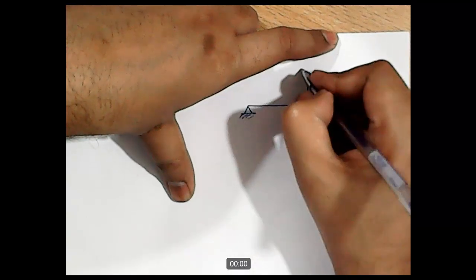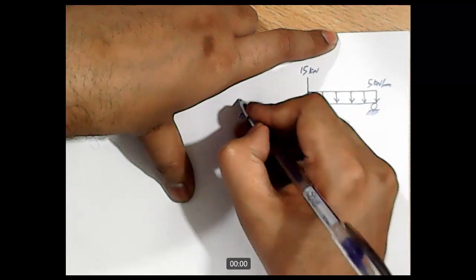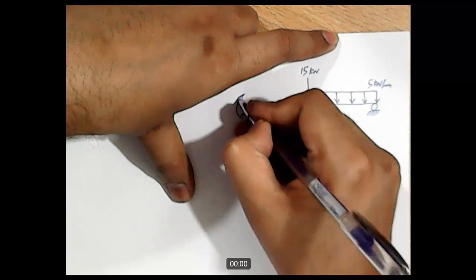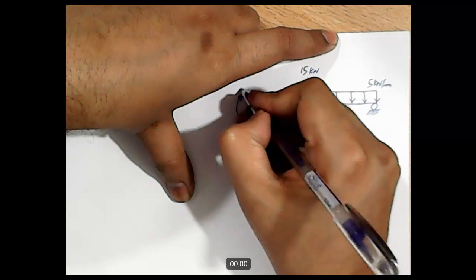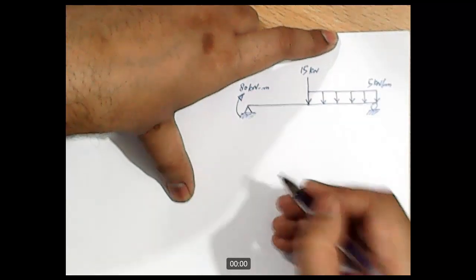The point load magnitude is 15 kilonewton, and there is a point moment acting at this external hinge support whose magnitude is 80 kilonewton meter.